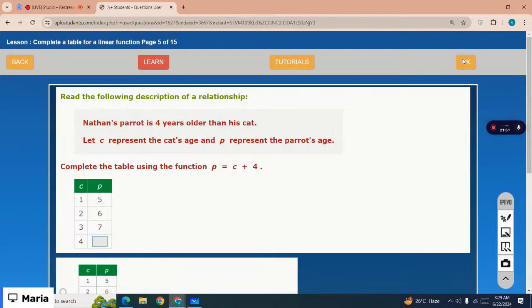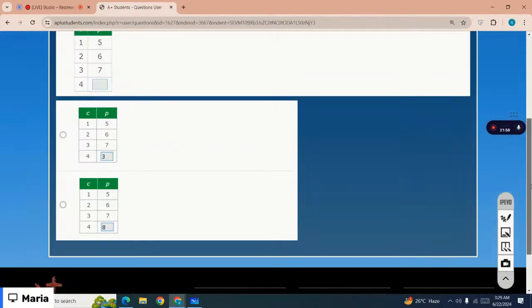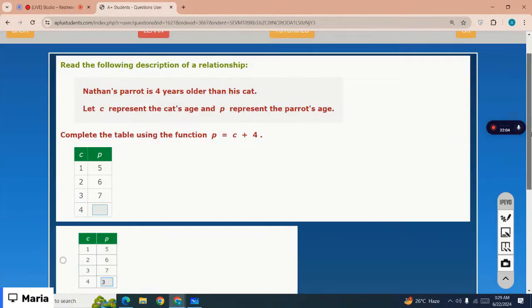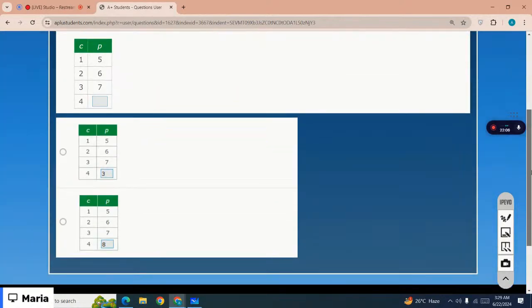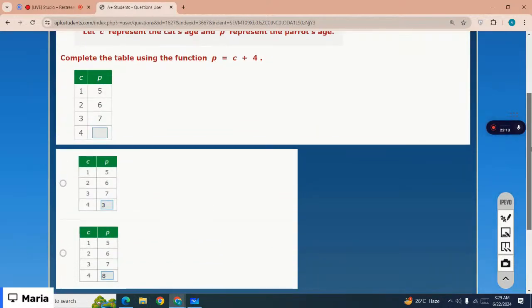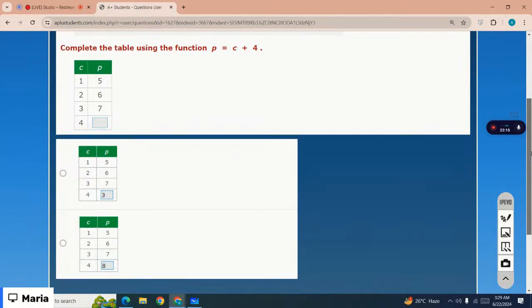Okay, complete the table using the function P equals C plus 4. So which is the correct option? You have to calculate the value of P when C equals 4 and the equation is P equals C plus 4. So which is the correct option?